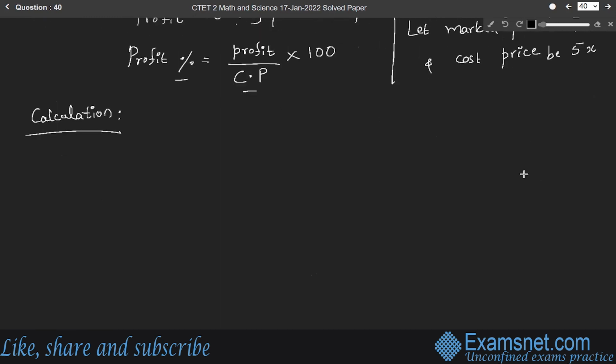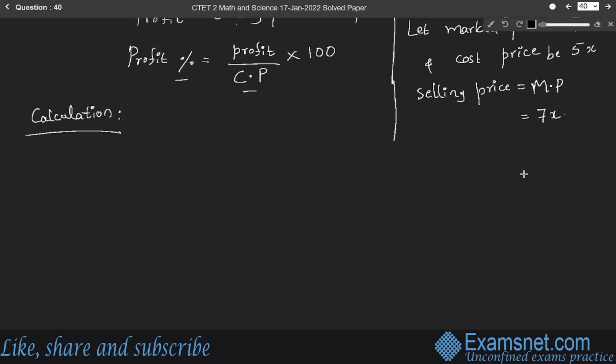So what is the selling price of the article? Therefore, selling price is equal to market price, which is 7x, right?